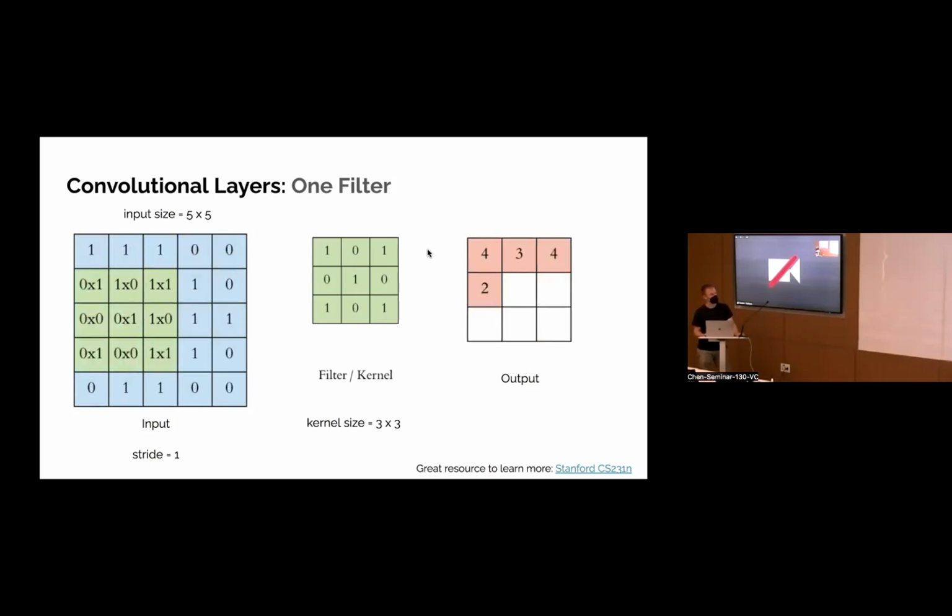I already said kernel size, that's how you refer to the size of the convolutional filter. The input size is intuitive, and then when you talk about sliding the kernel across the input, there's this idea of stride. And so in this case, the stride is 1. What that means is you're moving it one cell at a time and doing a computation each time. You could have a bigger stride.